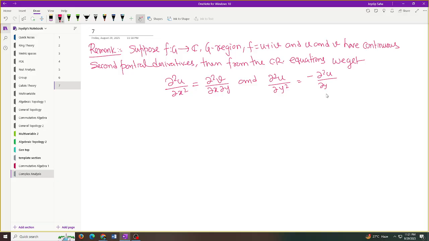Since the partial derivatives are continuous, these two you can change in order: del x del y equals del y del x partial.